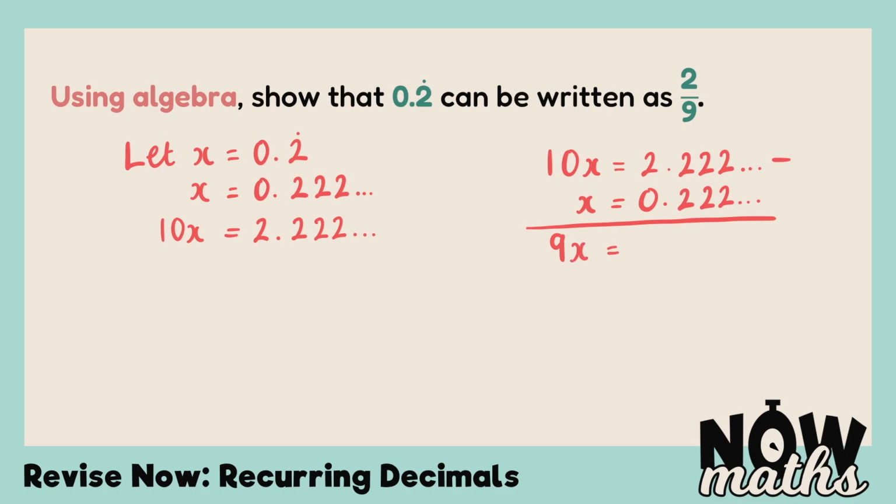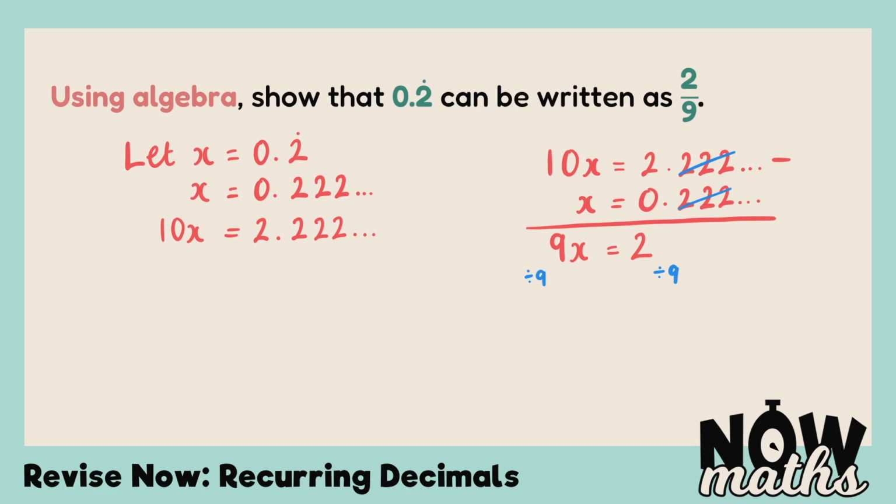And if we subtract the decimals, we can see that the 0.2 recurring part will completely cancel, and 2 subtract 0 is 2. So we have 9x equals 2. This is an equation that we can now solve, and if we know 9x, to work out x, we divide by 9.